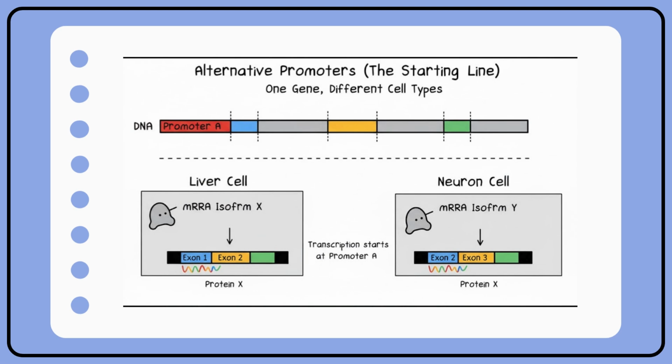But different cell types, like a liver cell or a neuron, can use different promoters of the exact same gene. This slight change in the start position can totally alter the resulting protein's structure in different cell types or how its production is regulated.